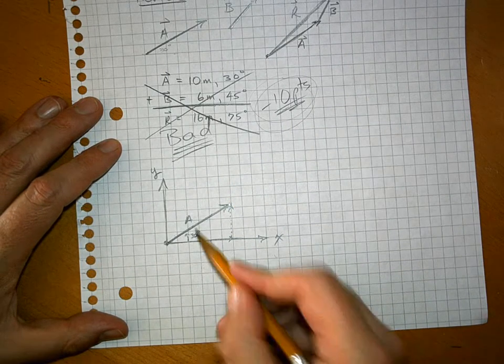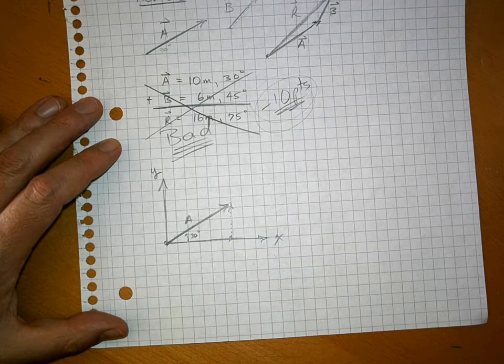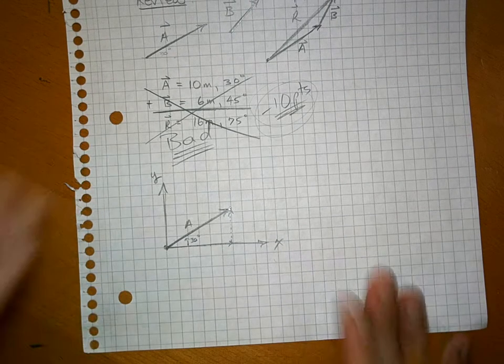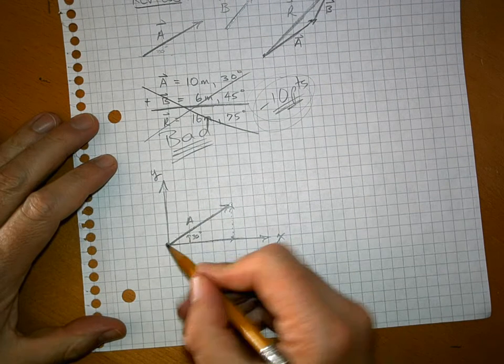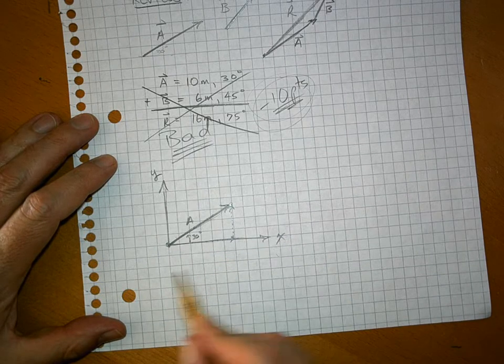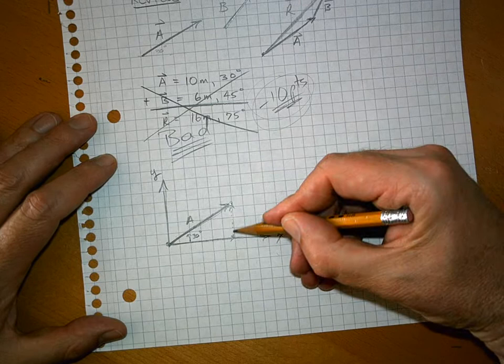In other words, I can take this A vector and break it up into two parts, or two components. The components of some machine are all the parts that make that machine. Well, here's a vector A, and we're going to say it has parts. It has an X part, and it has a Y part.